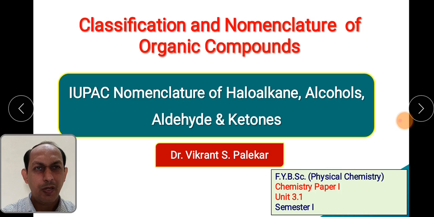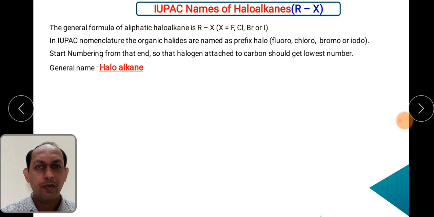So, in this particular topic, we are going to see the IUPAC nomenclature rules and examples of some of the compounds for giving the IUPAC names for haloalkanes, alcohols, aldehydes, and ketones. So, let us see first the IUPAC nomenclature of haloalkanes.